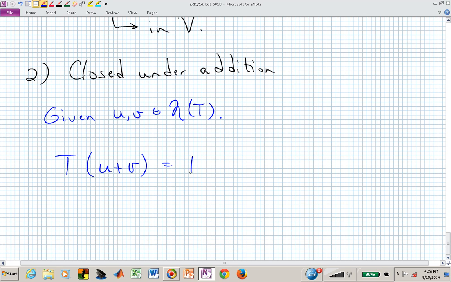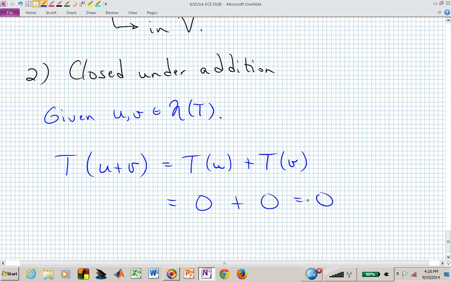By the additivity of the linear operator, we know that's equal to T of U plus T of V. But we were given that U and V both were in the null space of T, so this is 0 plus 0.